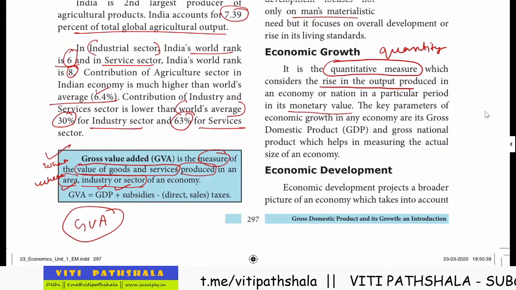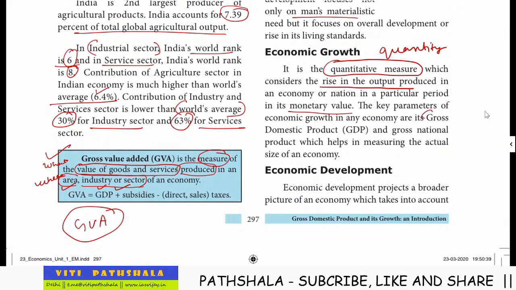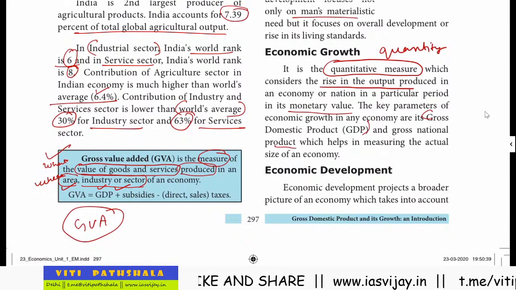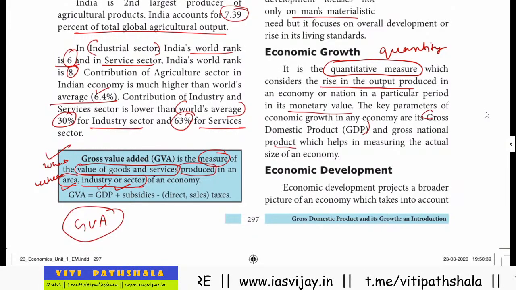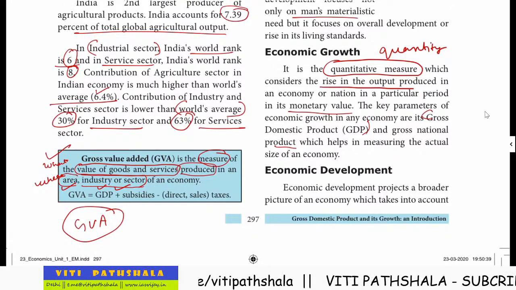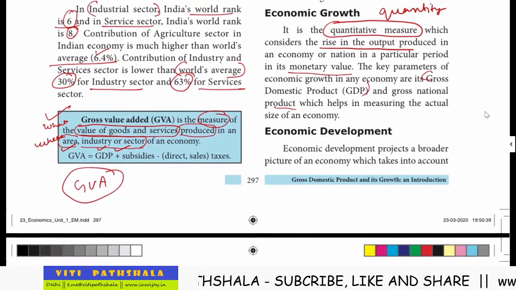The key parameters of economic growth in an economy are the GDP and gross national product, which help in measuring the actual size of the economy. Now, growth is quantitative, so growth can be measured through the GDP or the GNP.